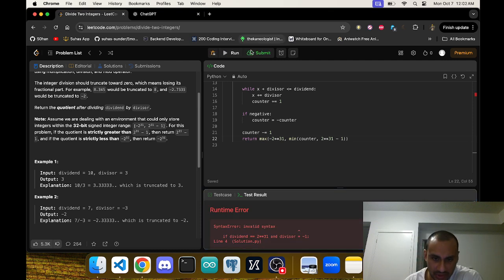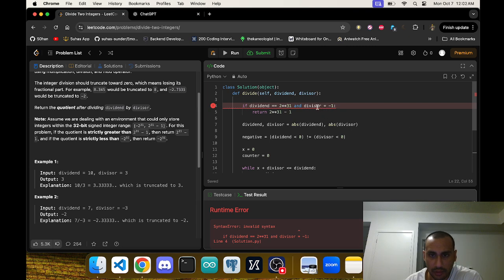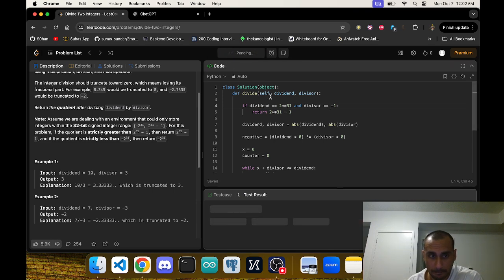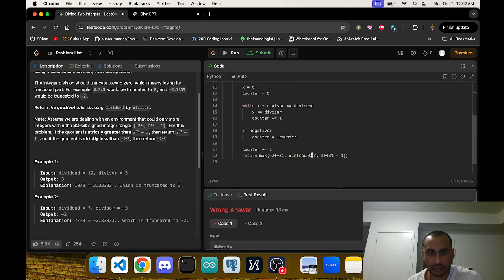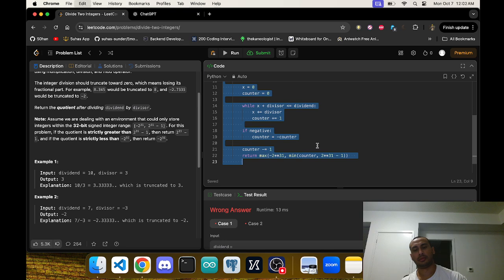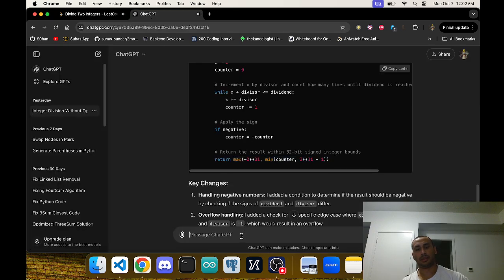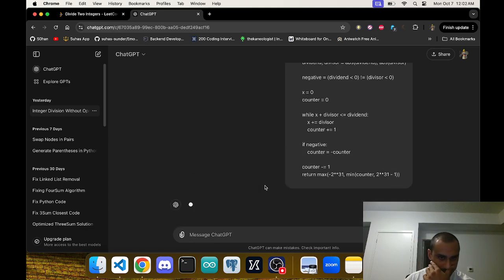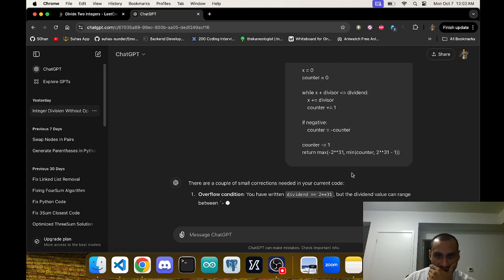Wait, what? What is going on? Divisor equals. Right now I signed it. So I have to check if it's equal to. Wait, what? What is wrong with this? Small corrections.